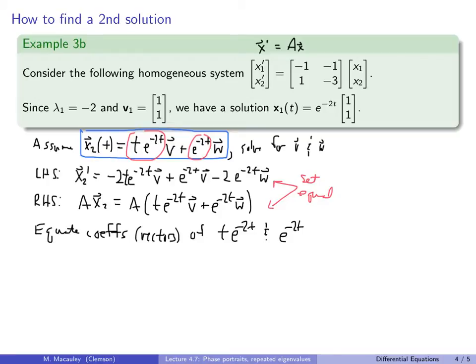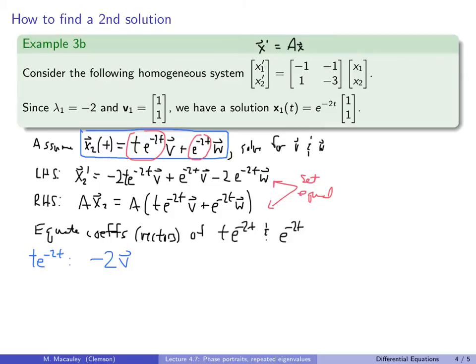Okay, so how many t times e to the minus 2t's do we have? On the left-hand side, we have negative 2 times v, and that's it. These two terms don't have a t in it. And down here on the right-hand side, we have A times v.